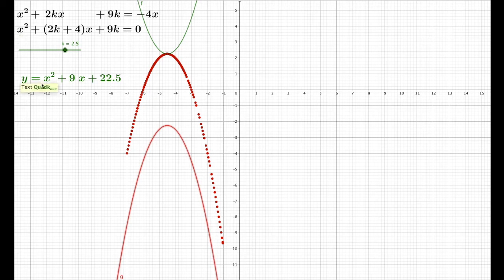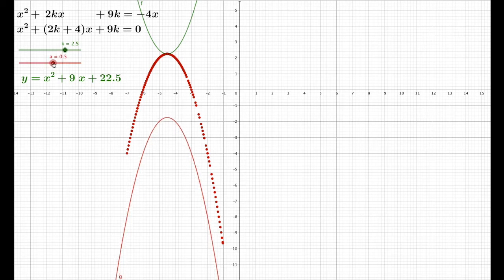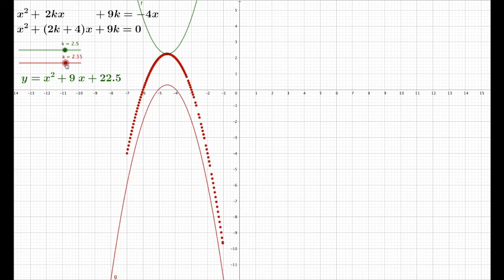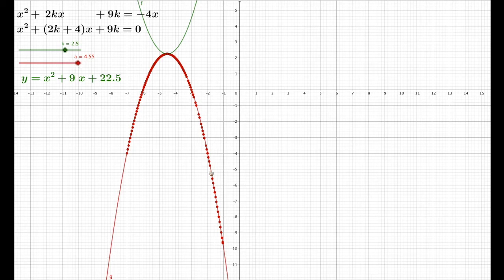And then if we want to see if it is the same shape as our traced out path, we can pop in another slider, and this is just going to move it up. And sure enough, it looks very much like that does exactly go through there.